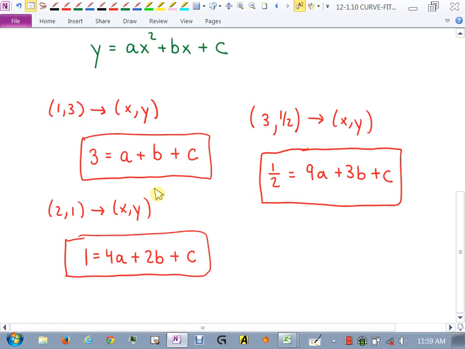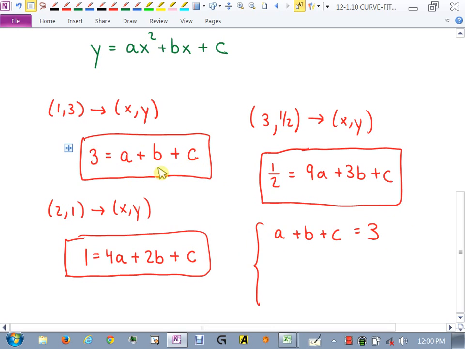I have 3 equations. I have 3 unknown variables. I have a system of equations. I have enough information to figure out what a, b, and c are. Right? So I should be able now to create a system of equations. And let's just write these in the proper order. A plus b plus c is 3. So it's kind of like we had x, y, z equals a number.